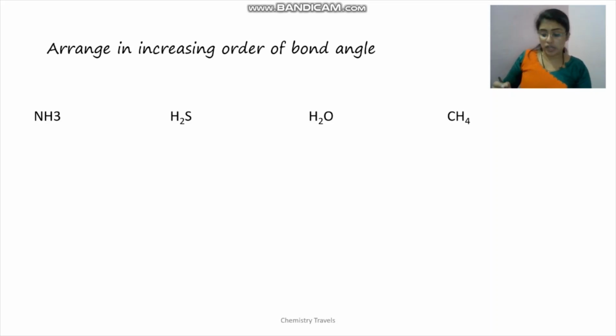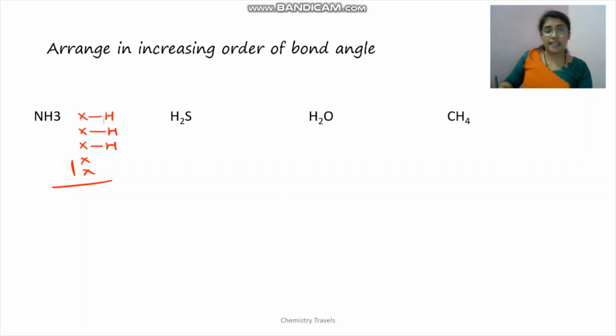We'll start from ammonia. In ammonia, nitrogen is the central atom. Nitrogen has 5 valence electrons. Three of the hydrogen atoms would share these valence electrons, and the last 2 electrons would pair up together.